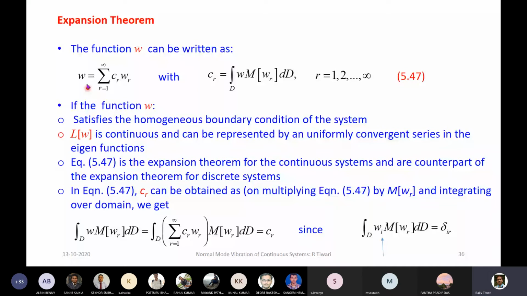This is called the expansion theorem, and we'll be using it sometimes for finding the solution.